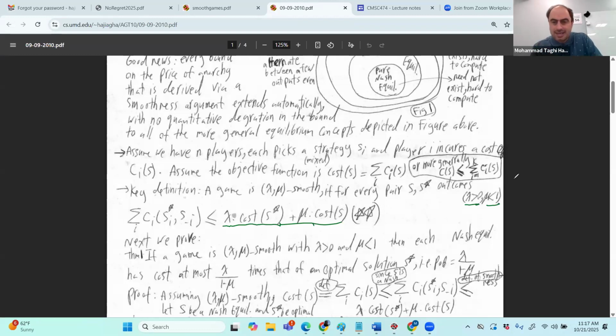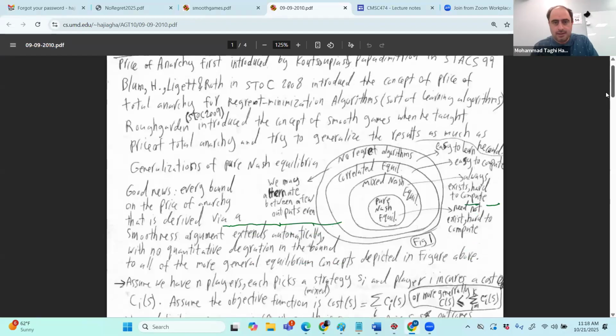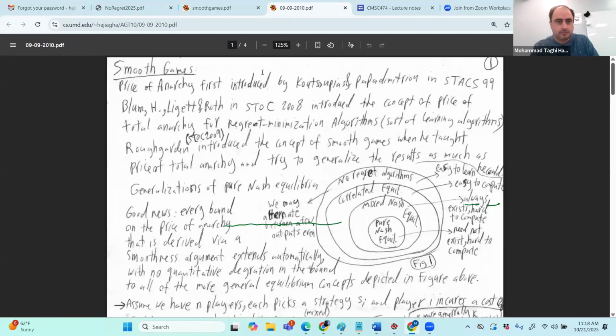Good. Now, before continuing with smooth games and their properties, especially about the price of anarchy, I needed to also say what the price of stability is. But for that, I need to come back a little bit and talk about no-regret algorithms.